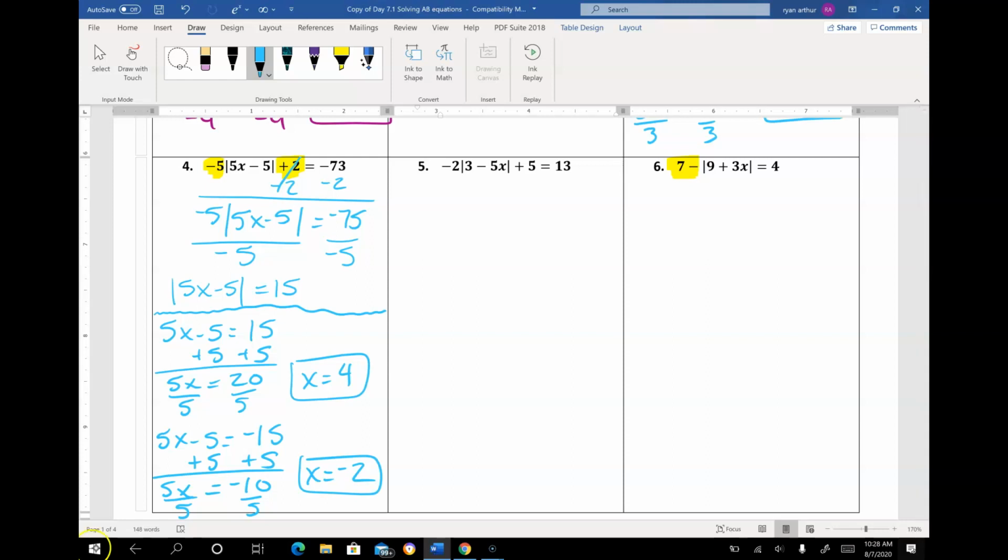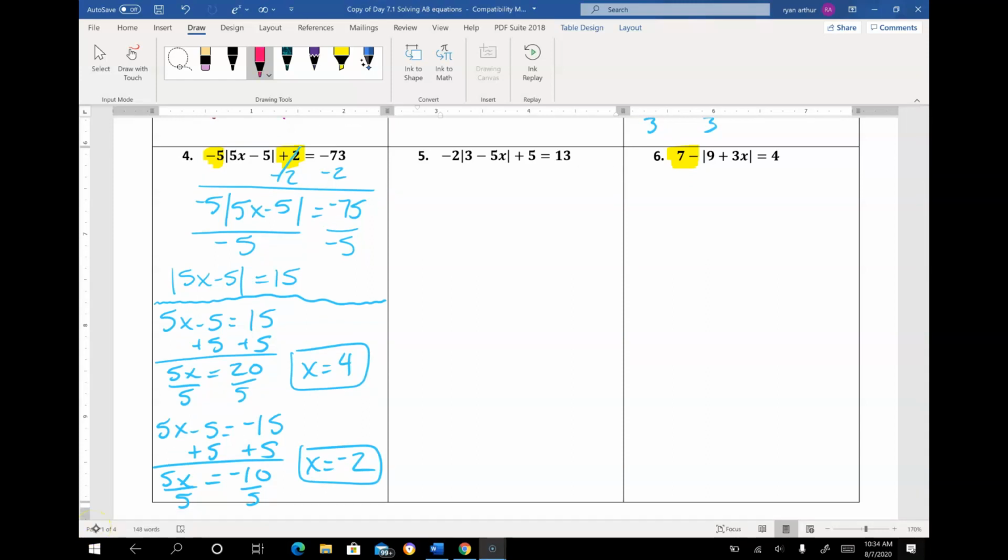All right, number 5. Okay, so it is also not isolated. You have the -2 right here in front, and then you have a +5. So again, that's saying -2 times, so that's going to be a division to remove that -2, but we always get rid of the addition and subtraction first. So we're going to subtract the 5 first. Okay, so 13 minus 5 is going to be 8.